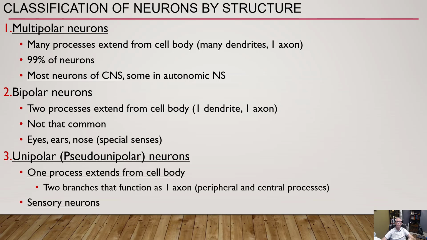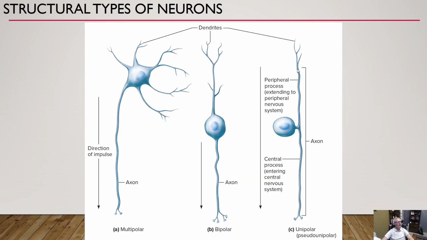In a multipolar neuron, and these are going to be most of the neurons that we see, 99% of the neurons, we're going to have many extensions or many processes coming off of that cell body. Many dendrites, but only one axon. Remember, all neurons can only have one axon. So multipolar neurons can have many dendrites and one axon.